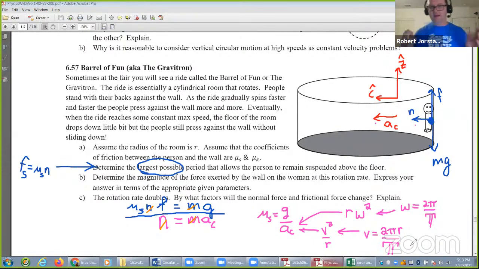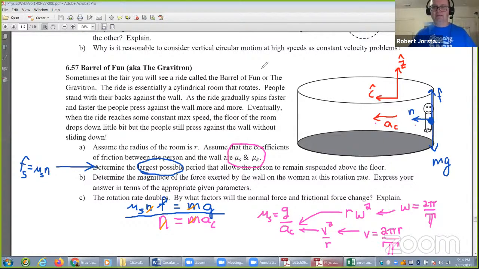Anything you want. Now, wait a minute. That doesn't seem reasonable. It turns out not everybody wears the same clothes, and the different clothes might give you different coefficients of friction. So your clothing matters more than your weight in this type of problem. So obviously there are some different factors there.